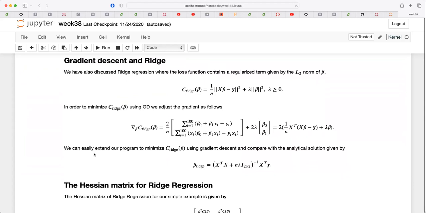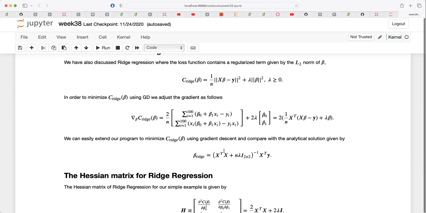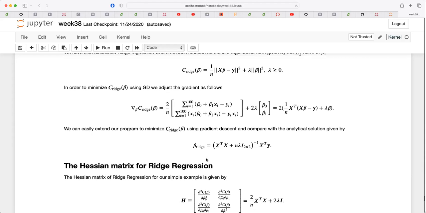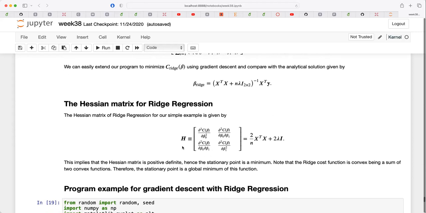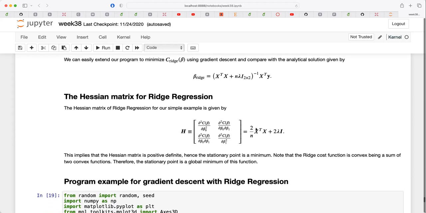the ridge regression. In ridge regression, the first derivative is given in terms of the parameter lambda, which you have here, which is a hyperparameter. In this specific case, it's the same example, and you can easily invert the matrix. You can also calculate the Hessian matrix, which in this case has an additional term.